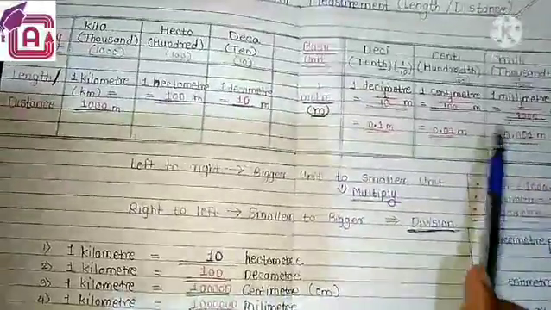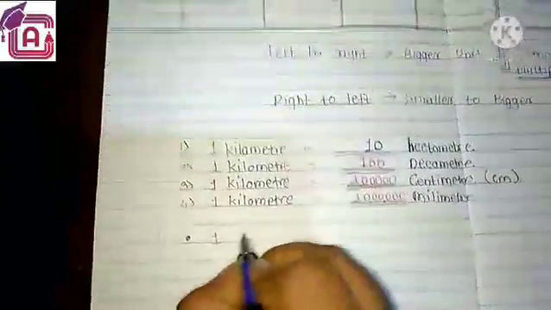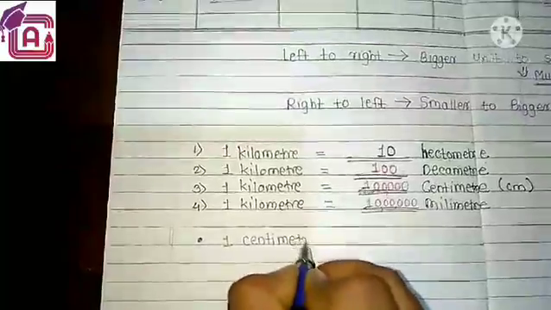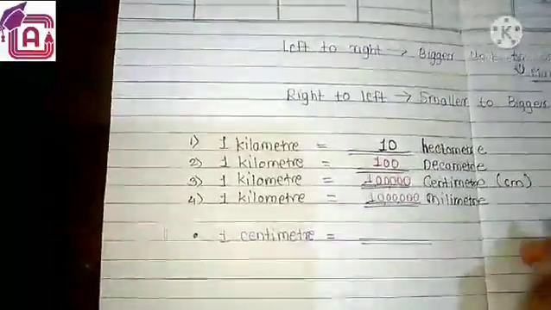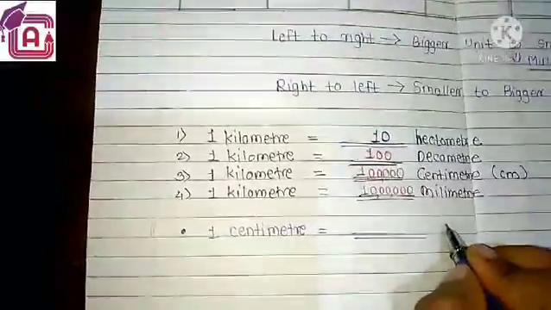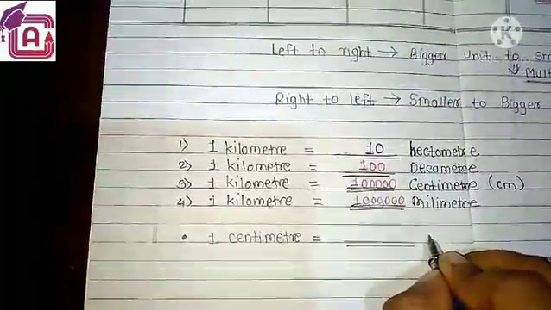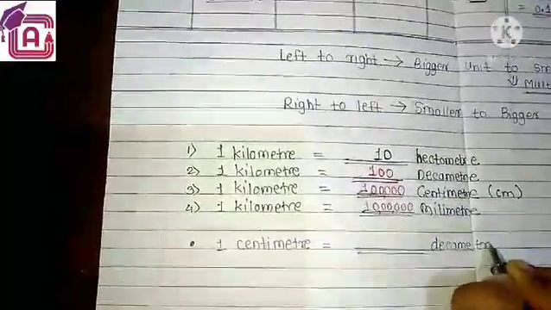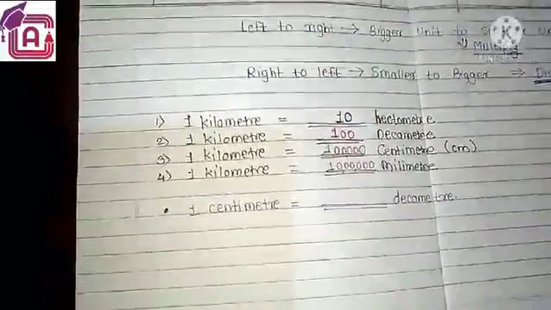If the question is like this, 1 centimeter is equal to how many decameter?